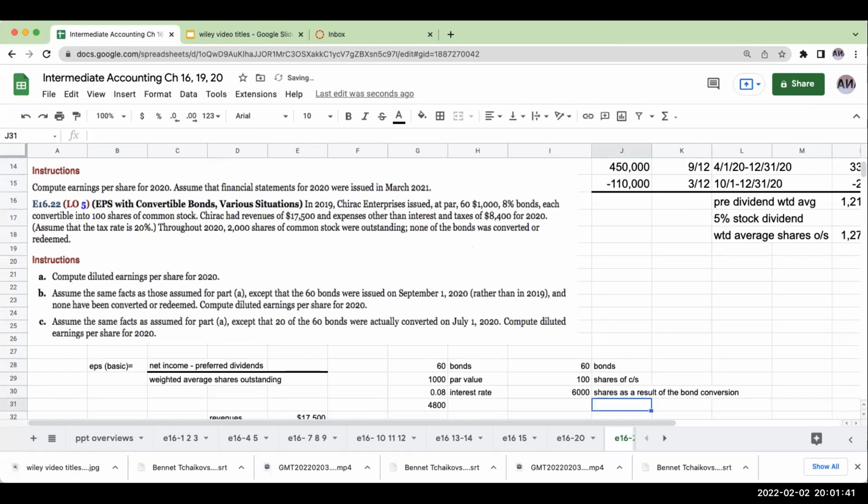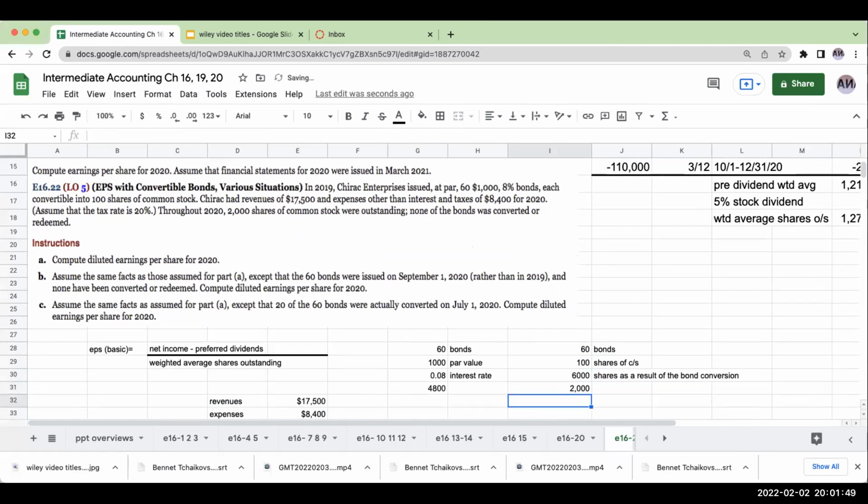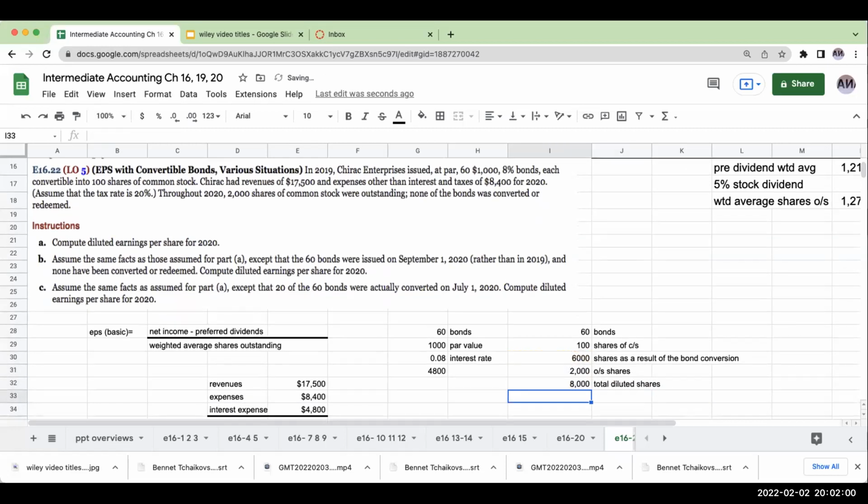And we're going to add in the 2,000 shares outstanding. So my total diluted shares for this calculation is going to be 8,000.